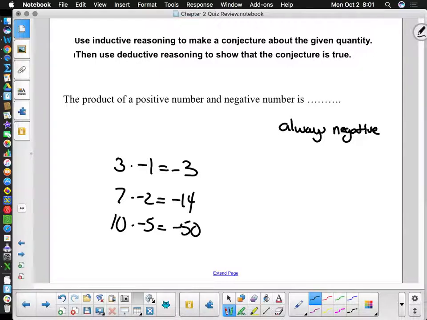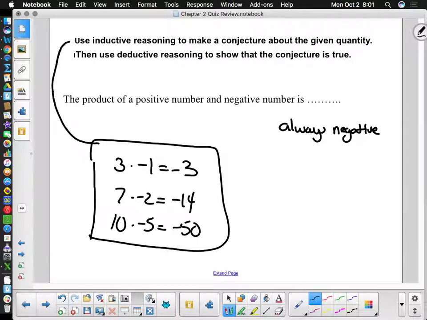Okay, this would be the inductive portion. By the inductive, what they're looking for is a pattern. And so with the inductive reasoning portion, what they want you to do is find the pattern and demonstrate that there is a pattern.